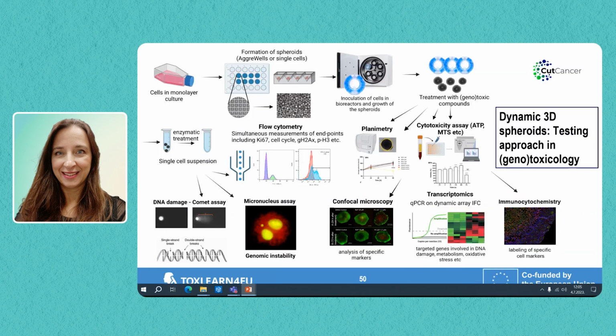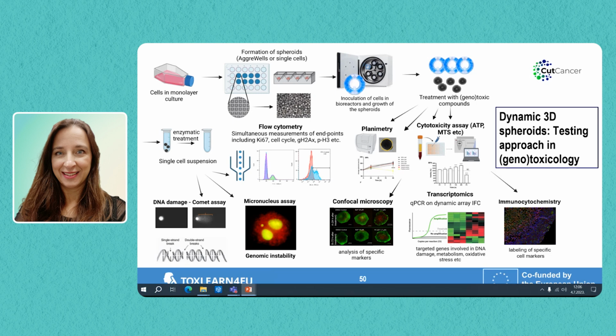So at the end, this is just a summary of the methods of the approach we are using. From the monolayer culture, we produce the aggregates in agarose. We put them in the incubator, in the bioreactors, and with these bioreactors we can treat the spheroids with different compounds.